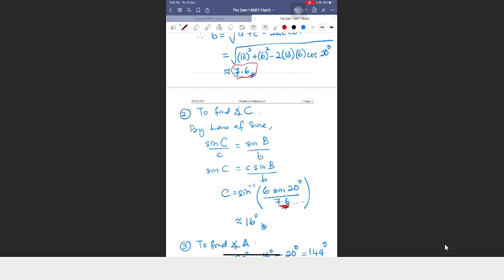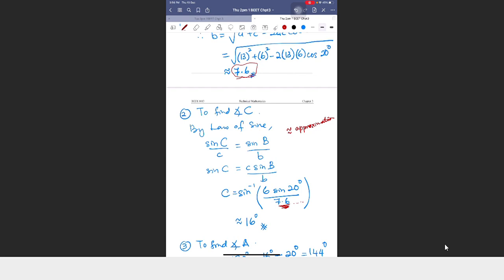Oh, actually, this one is just approximation. Normally when we compute and use a calculator, our numbers come out with decimals, so we round the number. That means we are using approximation. It is not an exact value.